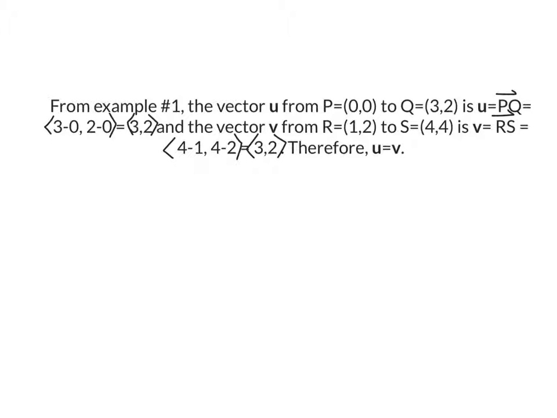And the vector v from the point R (1, 2) and S as (4, 4) would be the directed line segment RS, which would be ⟨4 minus 1, 4 minus 2⟩, which is still ⟨3, 2⟩. So now using vectors, we can truly see that u does equal v. And again, not only do they have the same length, but they have the same direction.